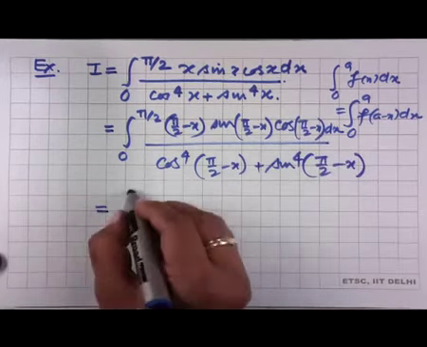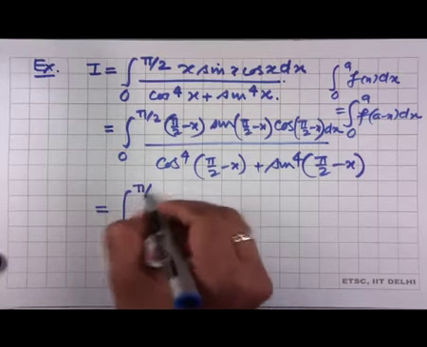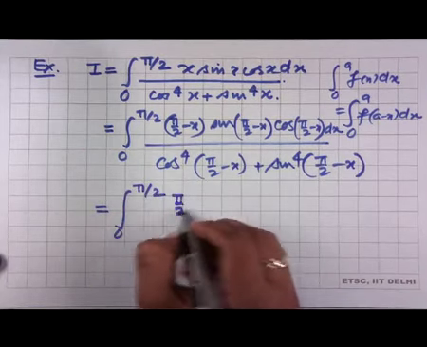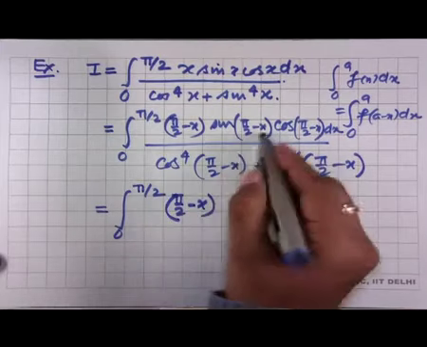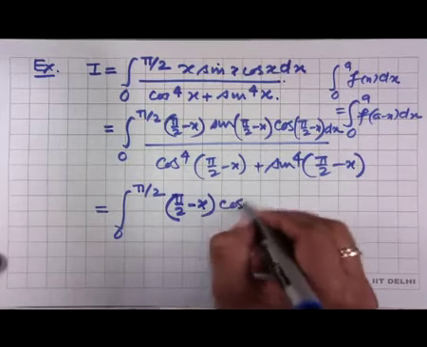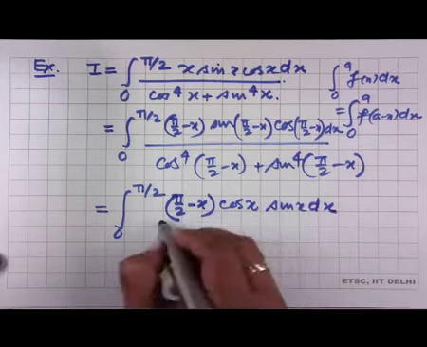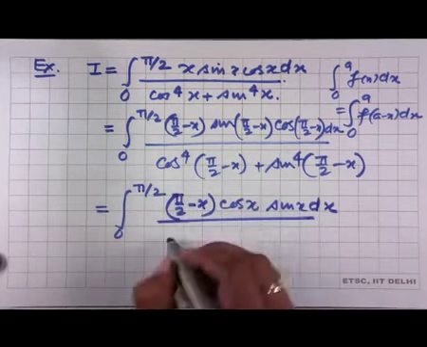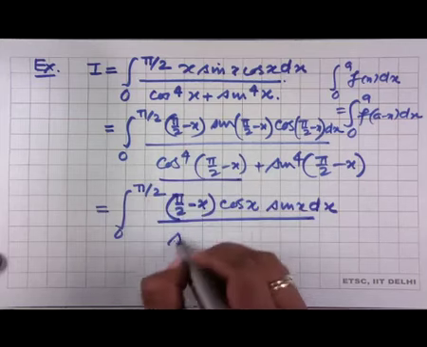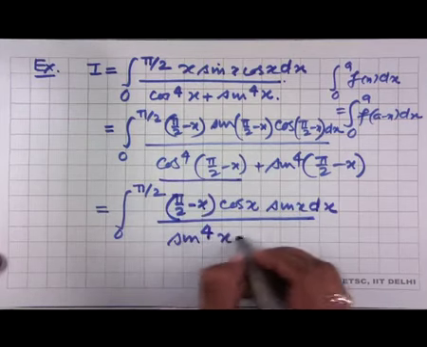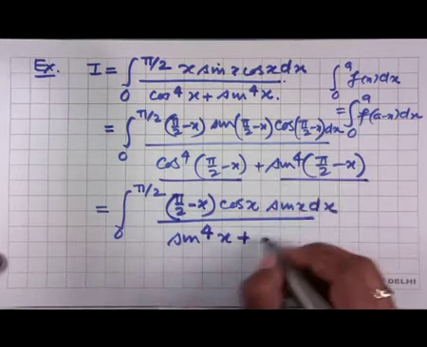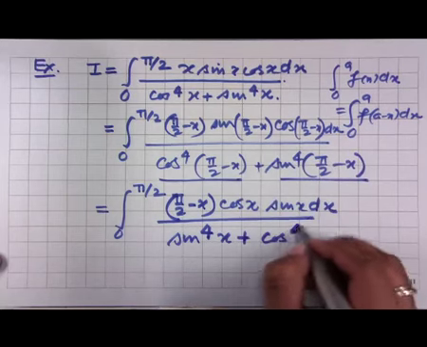This is equal to 0 to pi by 2, pi by 2 minus x, sin pi by 2 minus x is cos x, cos pi by 2 minus x is sin x, by cos pi by 2 minus x is sin x, so we get sin power 4x, sin pi by 2 minus x is cos x, so we get cos power 4x.